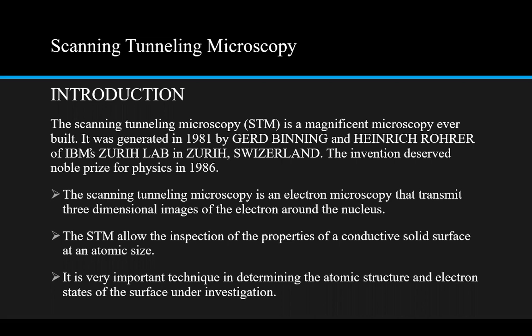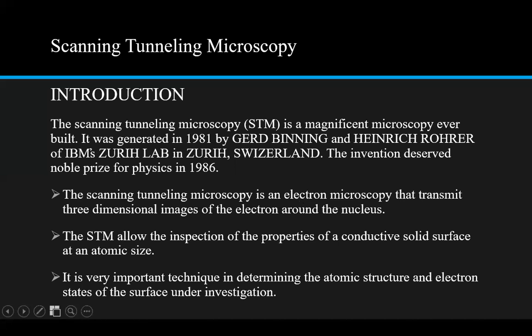The scanning tunneling microscope is a magnificent microscope ever built. It is an electron microscope that transmits a three-dimensional image of the electrons around the nucleus. It allows the inspection of the properties of conductive solid surfaces at an atomic scale. It is a very important technique in determining the atomic structure and the electron state of the surface under investigation.